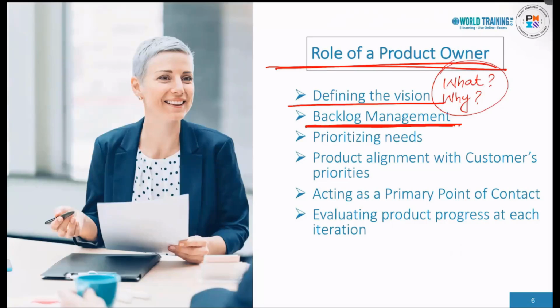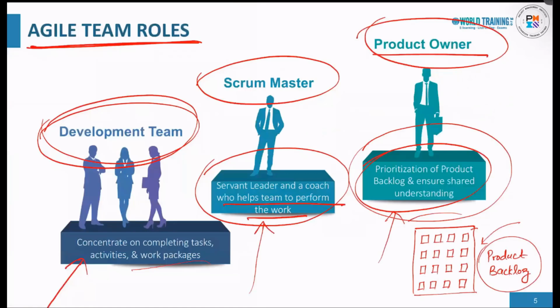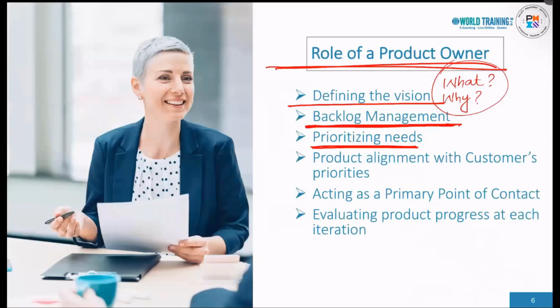Product owner works with the customer and sponsor to prioritize backlog items, to include backlog items, to delete user stories, to manage customers' requirements. Prioritizing needs. So when you have user stories, you need to prioritize those user stories. So prioritization is done by the product owner, and the team and Scrum Master assist the product owner in those prioritization exercises.